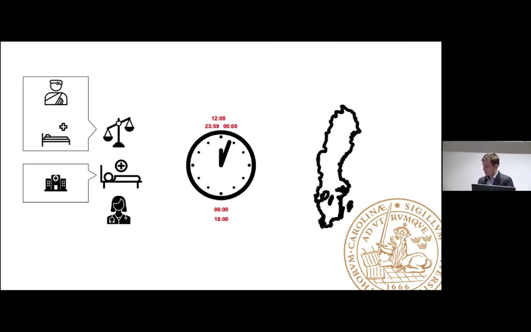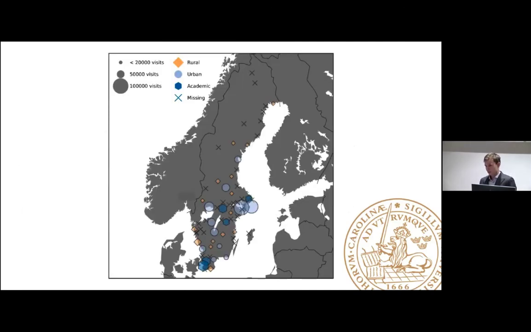So 10 million inhabitants, 72 emergency departments. And we did fairly good. We got 50%, so 36 emergency departments, exactly 50% of the departments returned complete data for us to analyze. And as you can see in the map, there is a fairly good geographical distribution of the departments, with the missing departments denoted as an X in the picture.